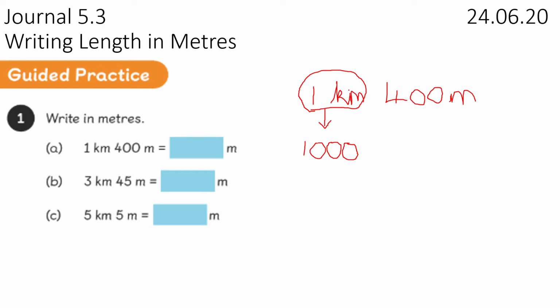So anyway, sorry. 1 kilometre is 1,000 metres, and we're going to add the 400, which is going to make 1,000 add 400. I almost gave you the answer then. You can hear it in your head. 1,000 add 400. 1,400 metres.